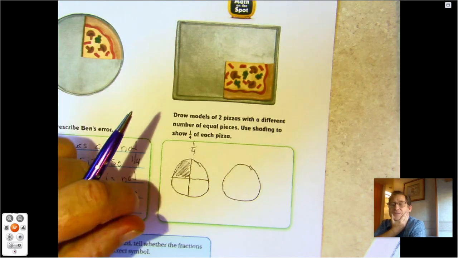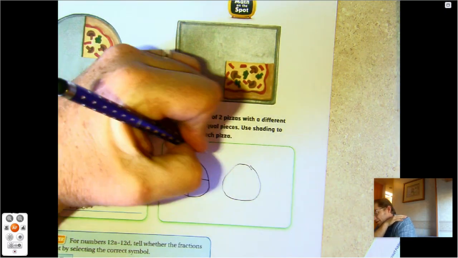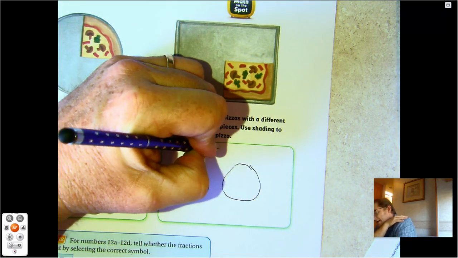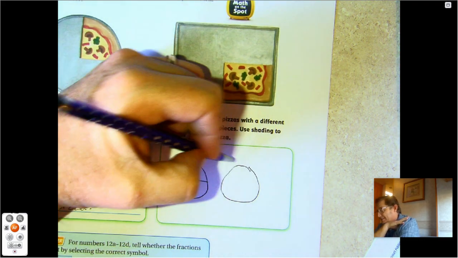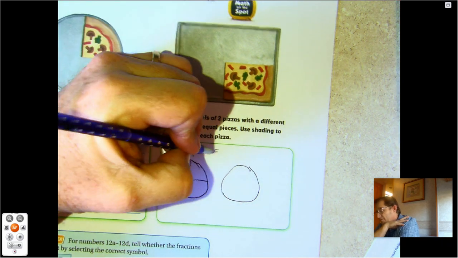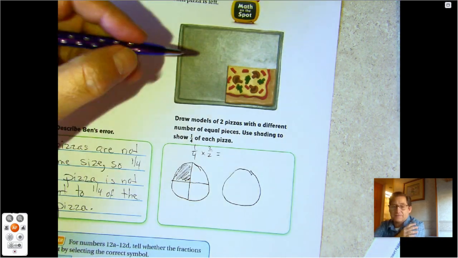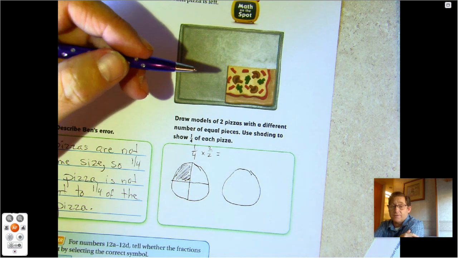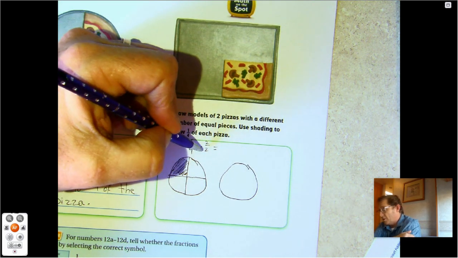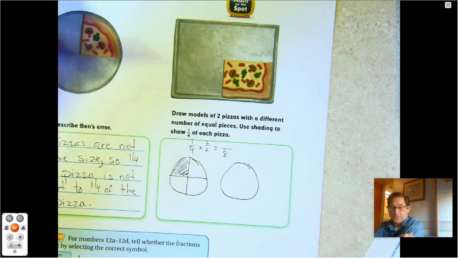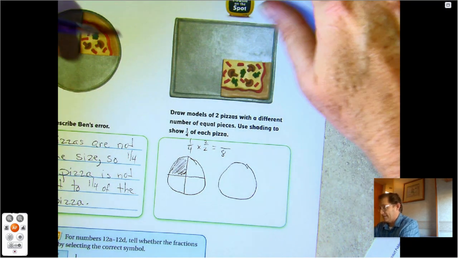And I need something that's equal to it. So what can I multiply the 4 parts by to get something that's equivalent? Well, we know that if we double the numerator and denominator, we'd have an equivalent fraction. So if we go from 4 parts to 8 parts, we would have something that's equivalent.